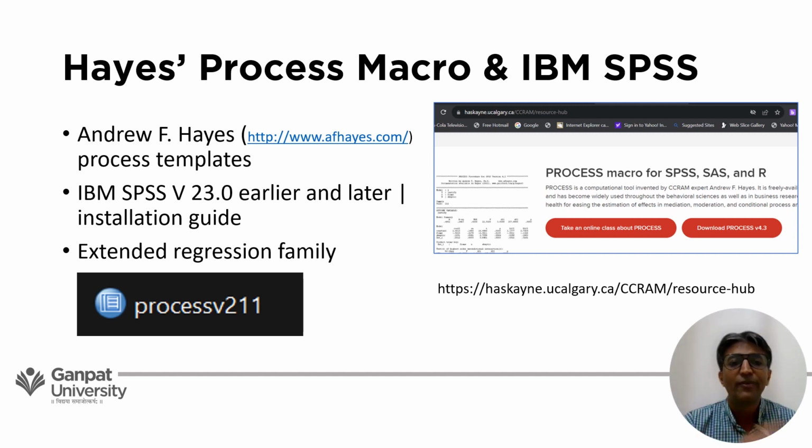If your SPSS is version 23 or earlier, a different mode has to be used while installing in SPSS. If it is above 23, that is 24, 25, in that case you have to click a different button. I'll show you that part in the later slide.